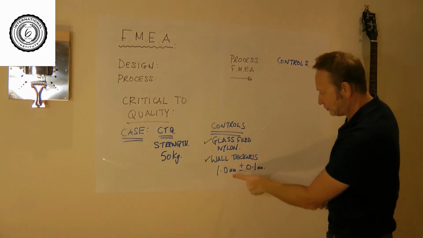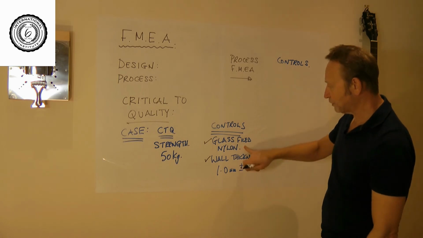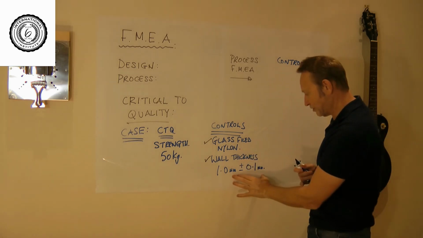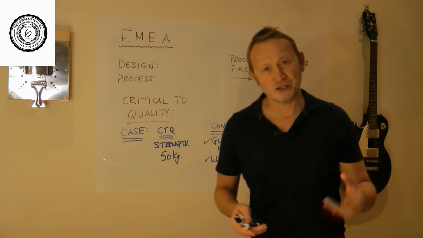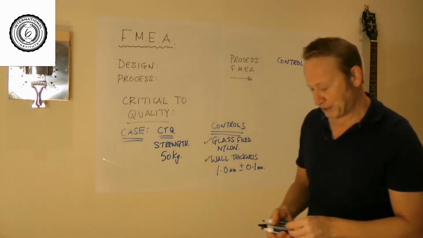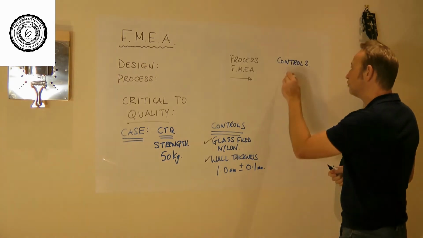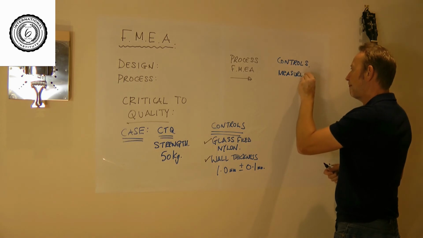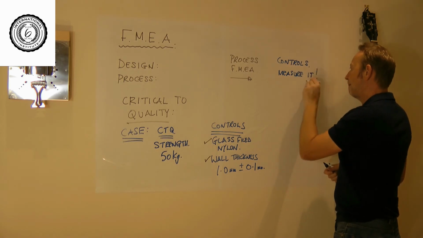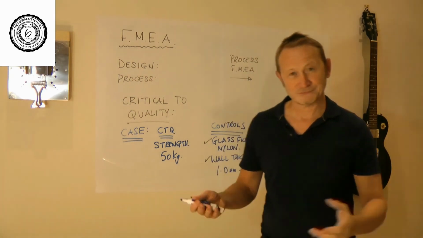Okay, and let's say it's this. This is what we're talking about. The glass-filled nylon's relatively easy to control. But this, we're trying to control the plus or minus 0.1 of a millimeter. Now what some people put here, they will put, we'll measure it, we'll gauge it.